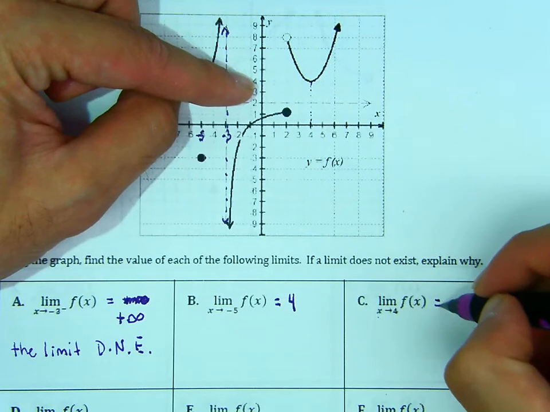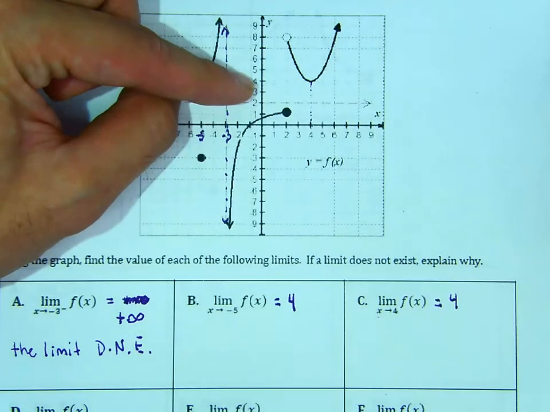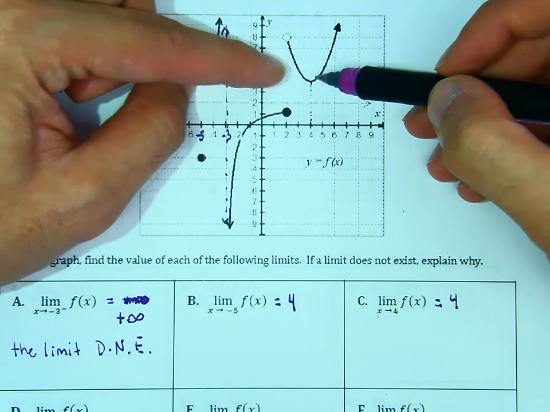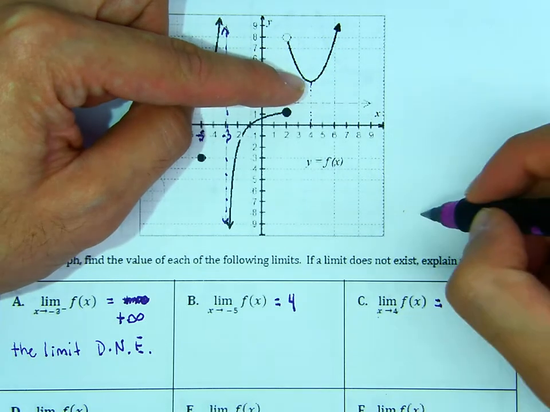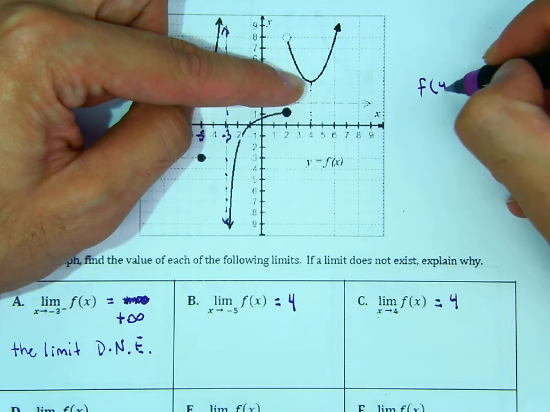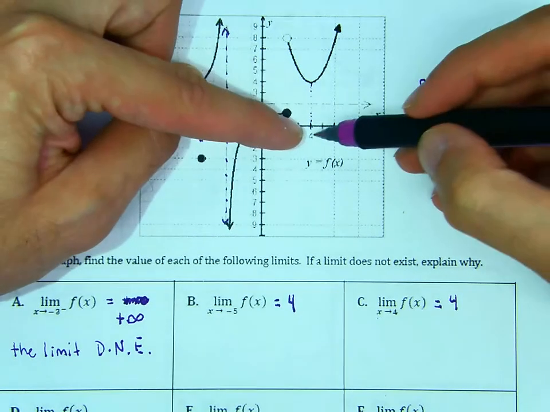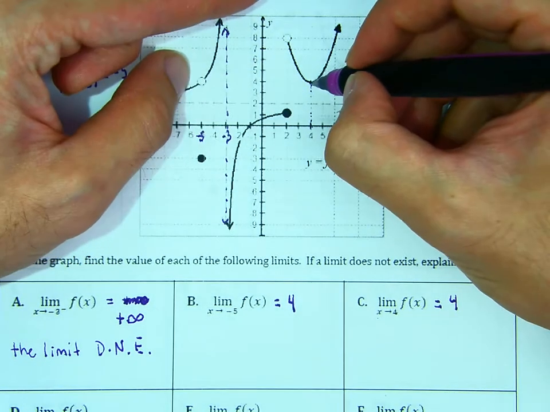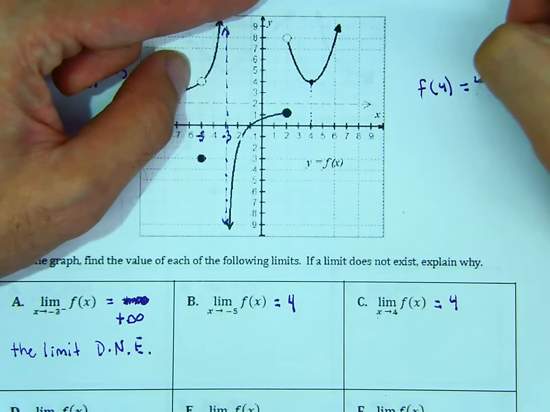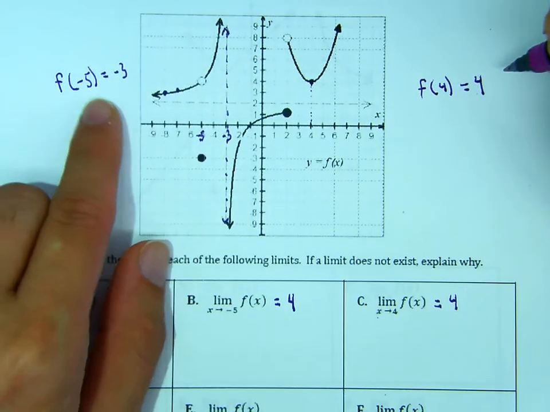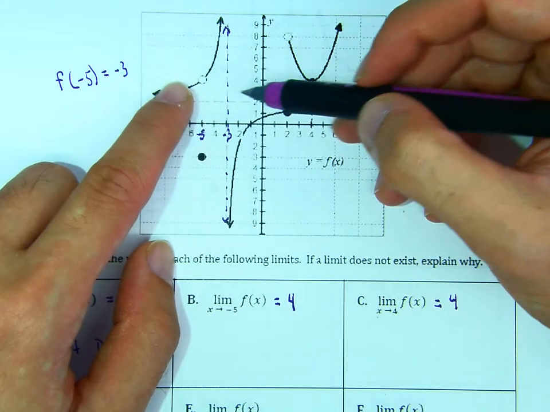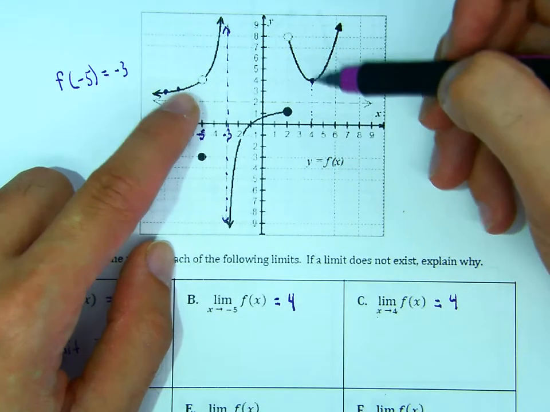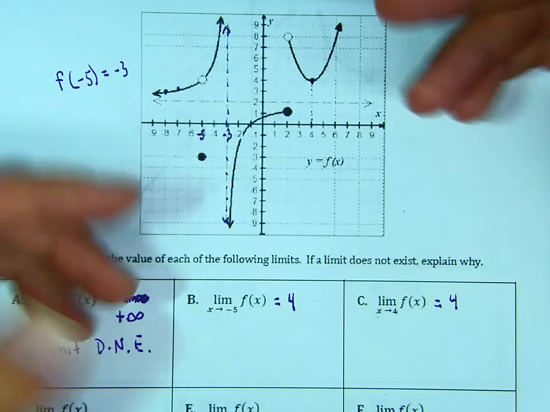So here we could just say that the limit is 4, because that is the y value it is getting closer to from the left and from the right. But notice, what is f of 4? When I actually plug 4 in, notice that there is a closed circle here. So it is actually 4, unlike at -5, because there's an open circle over there. And these ideas of open and closed circles, we will get better at them, okay?